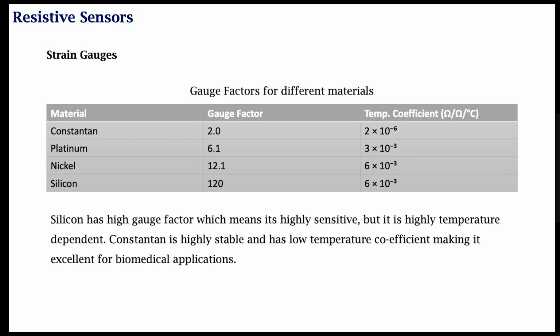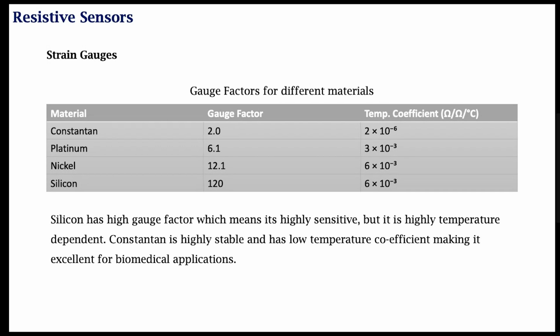But if you're looking for very high gauge factor, but you're not too worried about temperature sensitivity, then silicon is your best choice. Because it turns out that silicon strain gauges can have gauge factors as high as 120. And that, it turns out, is a lot. These are the so-called ultra high gauge factor strain gauges, and they are the ones usually used in catheter tips to measure pressure changes.